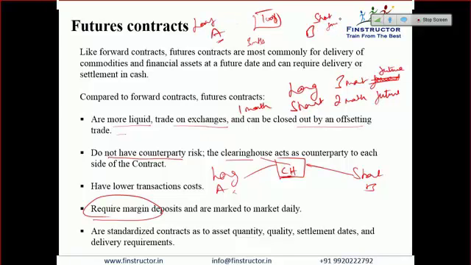Can we know today? We can't, right? That will depend on what the price of the book is 3 months later. If the price is 120, A gains. If the price is 80, the short position will gain. But that we can't know today. If A gains, he has to be paid 20. If B gains, 20 has to be taken from A and paid to B.